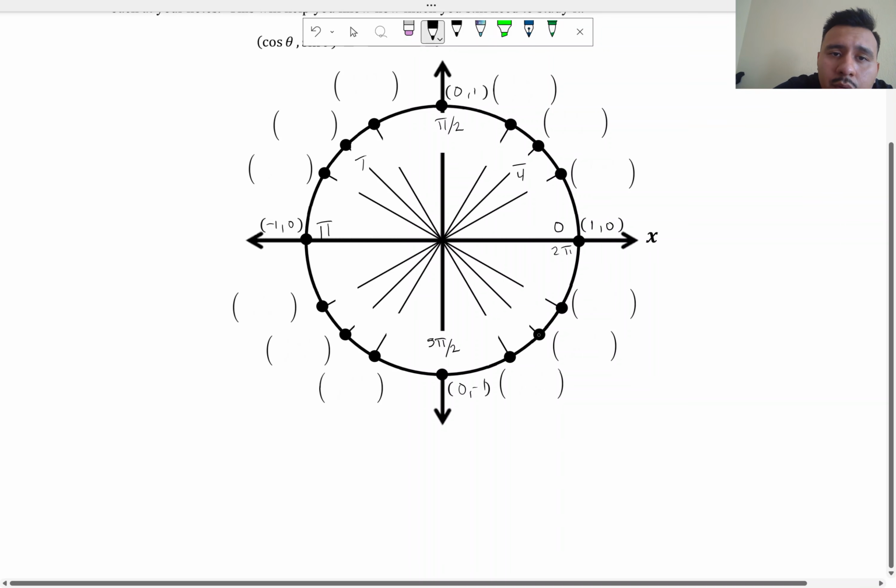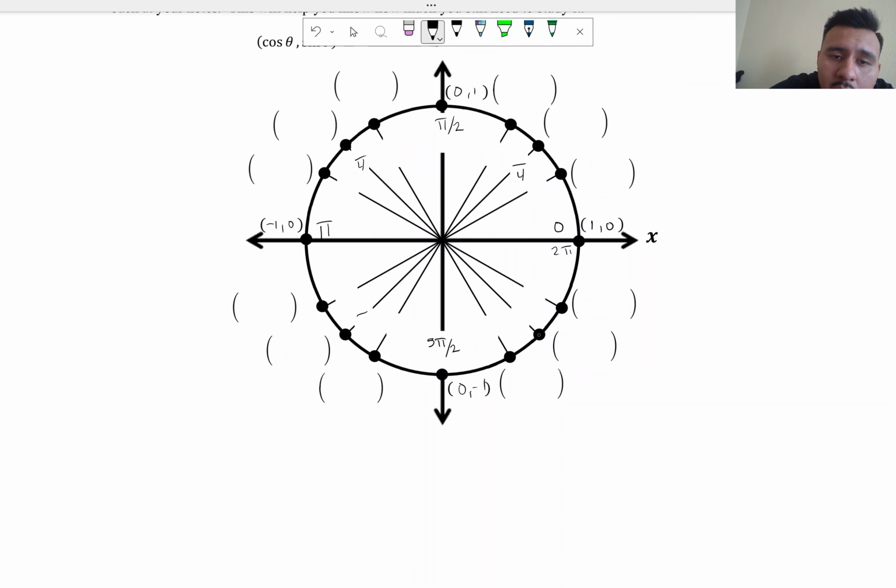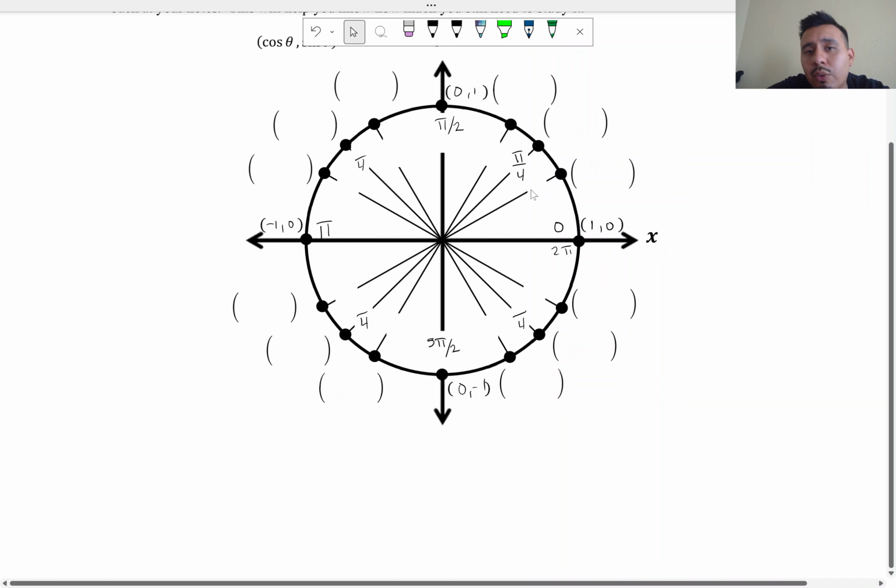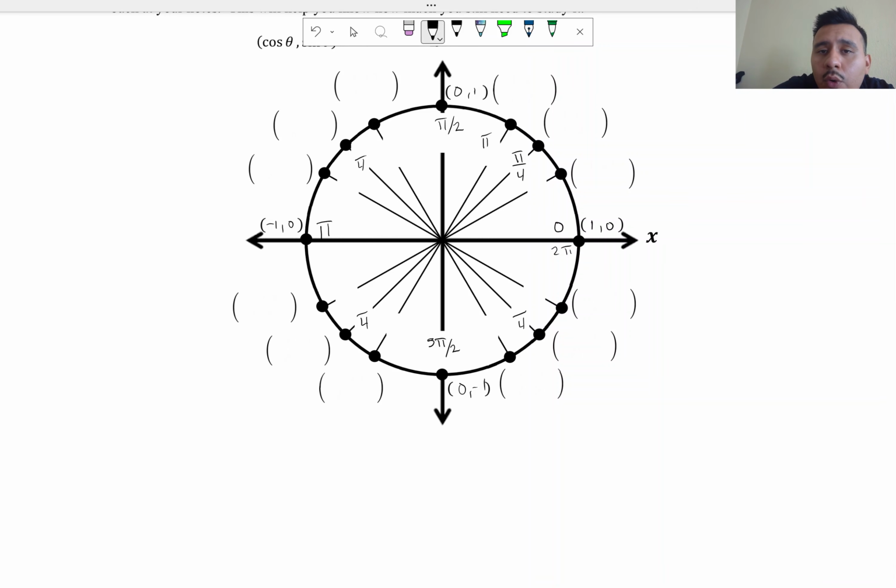This one's going to be over 4, this middle one is also over 4, and this one is over 4. So now I see that this one is 1 pi over 4, or just pi over 4. Between the 2 and the 4 is a 3, so I'm going to put pi over 3. So it's 2, 3, 4. I'm going to skip 5 and go to 6, so it's going to be pi over 6.